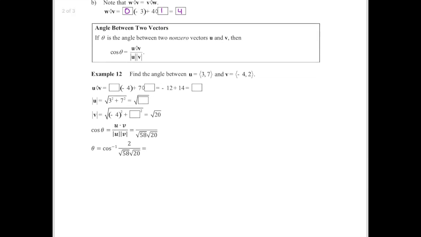We also can find the angle between two vectors. This is finding the smallest positive angle formed by two directed line segments.